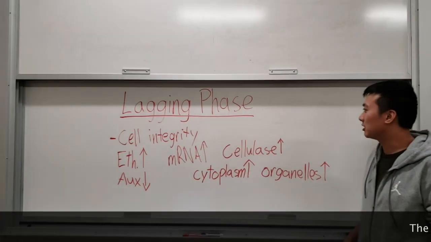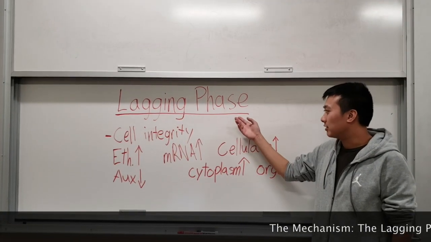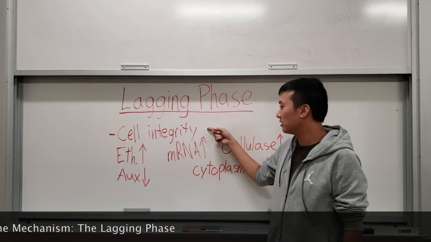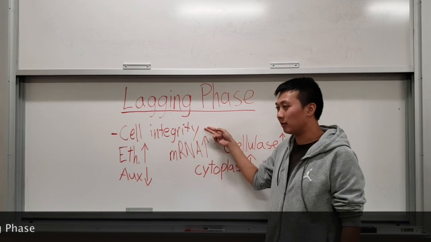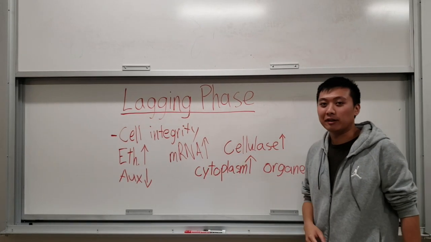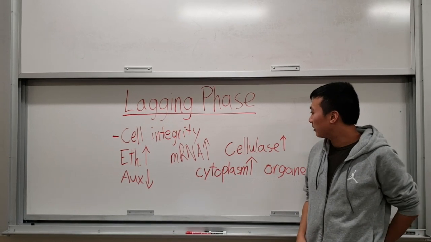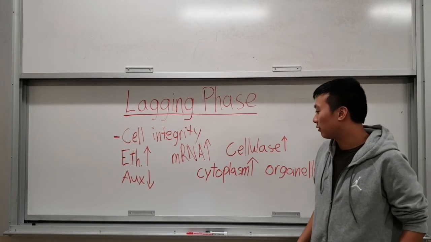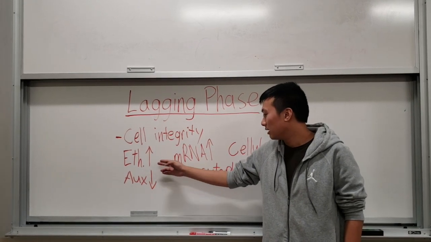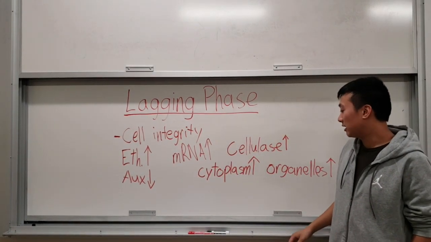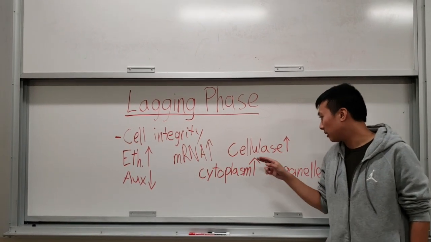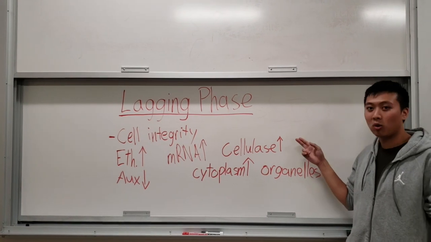So to start with, abscission is the lagging phase. So in the lagging phase, the cell integrity still remains, so there's no weakening of the cell walls of the leaf, but there are changes at the cellular level that signal that we've started abscission. So first, auxin levels will have dropped and ethylene levels will rise. What happens now is that it signals mRNA levels to rise, which also causes protein synthesis to rise to generate more cellulase.